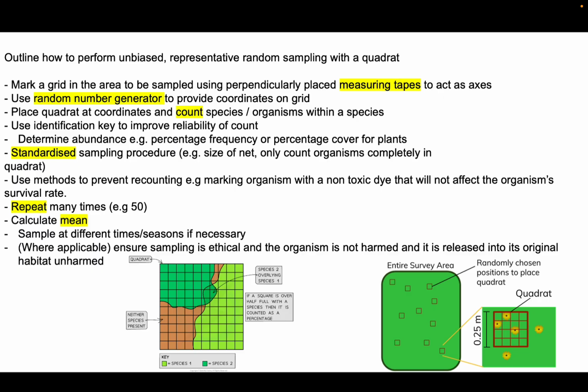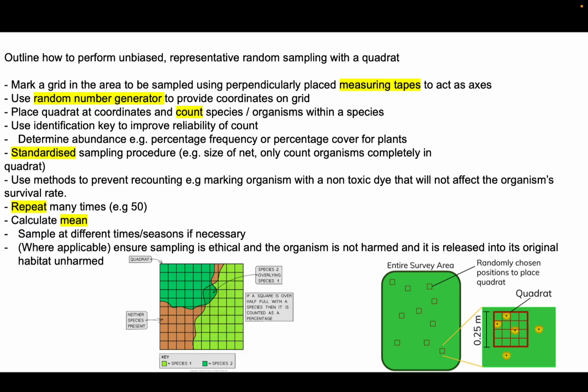If you were asked to outline how to perform unbiased, representative random sampling with a quadrat, you could mark a grid in the area to be sampled using perpendicularly placed measuring tapes to act as axes. Then you can use a random number generator, for example the ranint function on your calculator, to provide coordinates on a grid. Then you can place your quadrat at those coordinates and count species or organisms within a species.